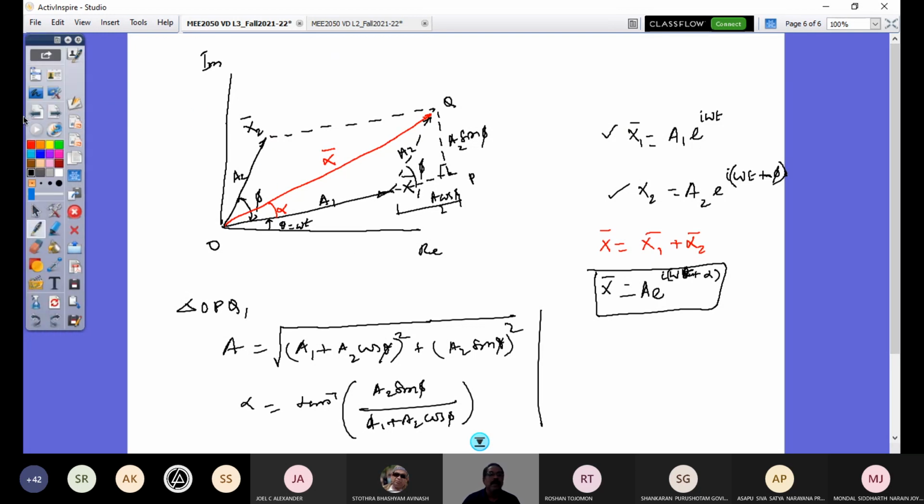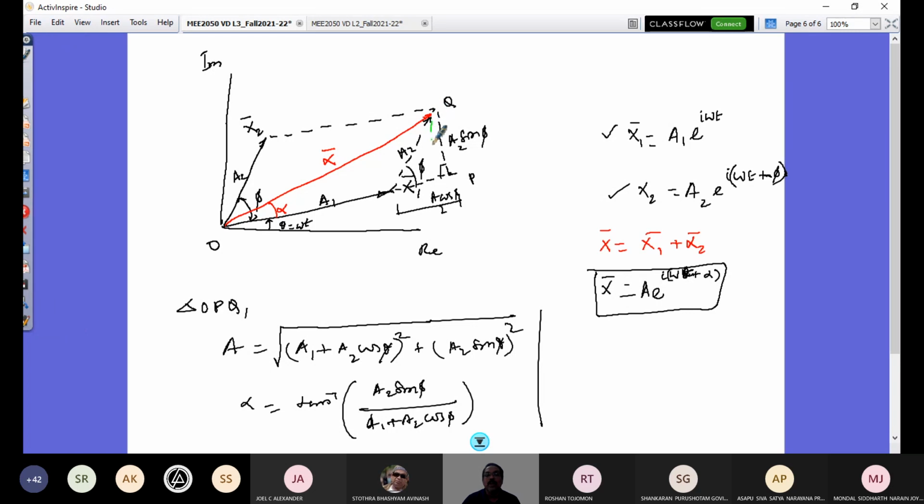So if I project this onto the horizontal axis, what I have is the real part, this length, that is small a. And if I project this onto the imaginary axis, what I have is B. So this x is now A plus iB, if we call it that.